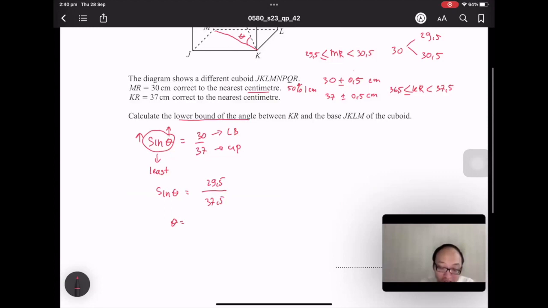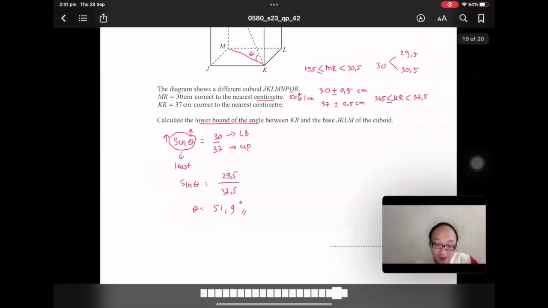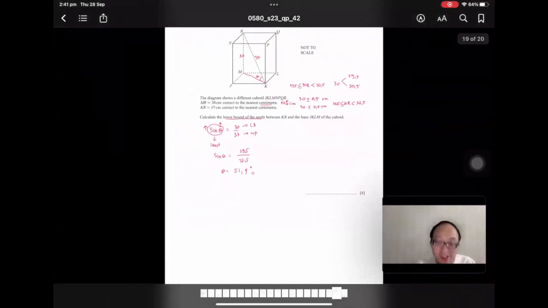So theta will be the sine inverse of this: 29.5 divided by 37.5, and then sine inverse, 51.9 degrees. This is the least value of theta, the lower bound.